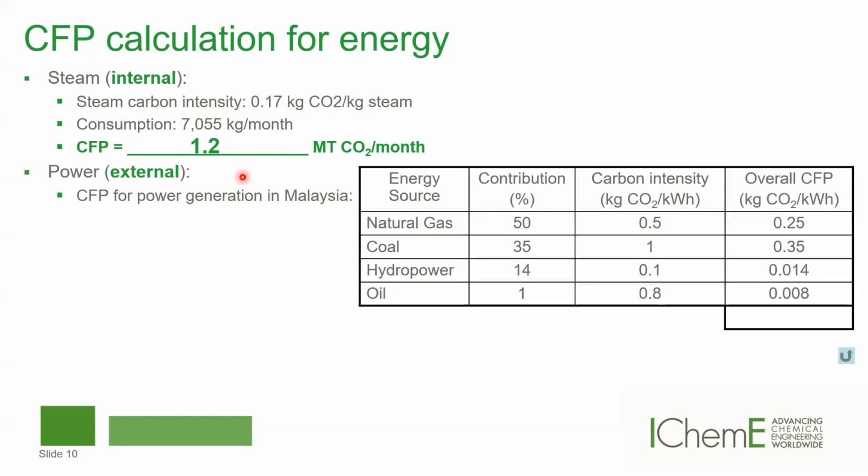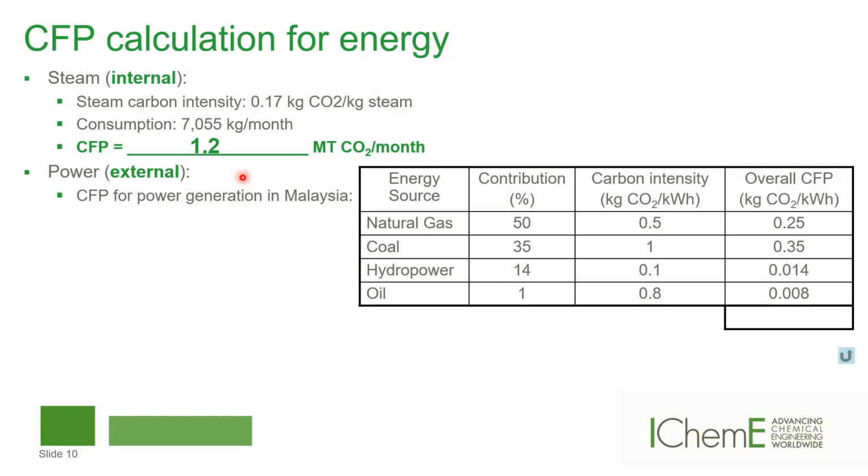Next is for the power. So again, this is the electricity consumption, and we assume that this is from external. So can you imagine we have a production plant, so their electricity, say for example, comes from Meralco, but they produce their own steam. Okay.